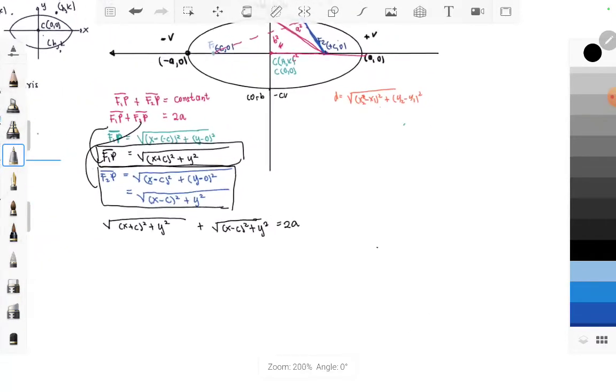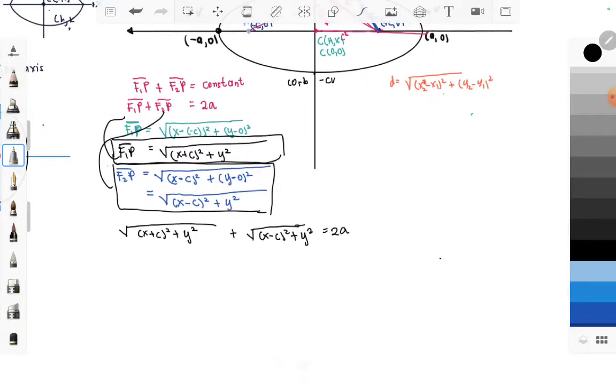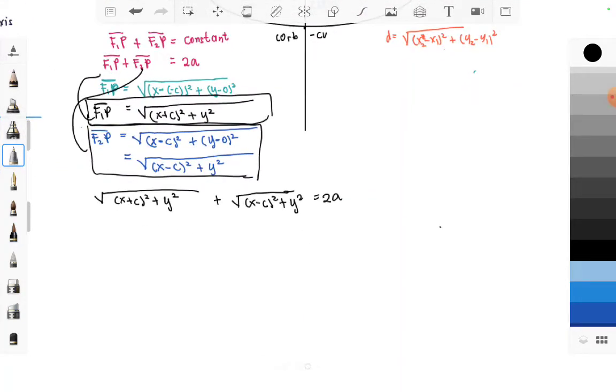Okay, the next thing to do, of course, is to further simplify this. We would use our mathematical analysis. So we will have the square root of x plus c square plus y square.